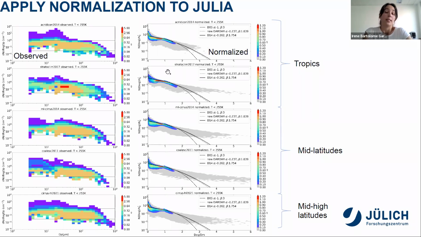When we apply this to the Julia dataset, with the normalization process explained, we see something similar, what we were expecting. We see this similar shape for all the campaigns. These are just some examples with the tropics, mid latitudes, and a mix between mid and high latitudes.